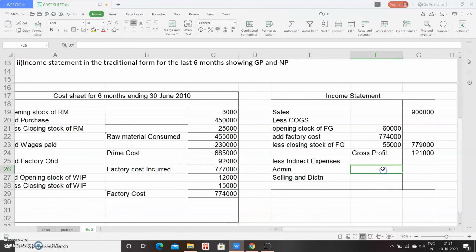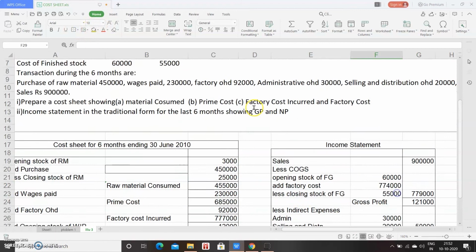So the total of your indirect expenses is 50,000. Gross profit minus these expenses, you will get net profit, which will be 71,000. This is your net profit. So this is how you draw an income statement from the figures given in the cost sheet. Thank you for watching.